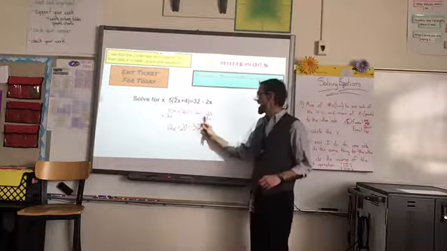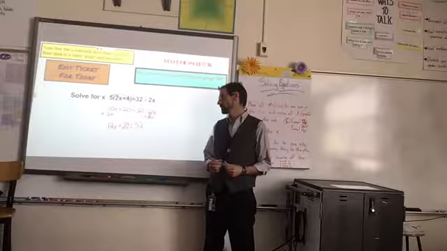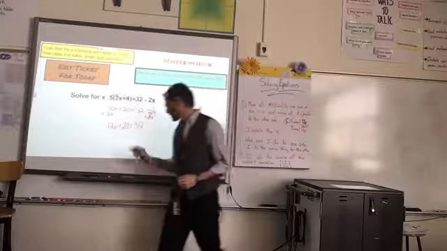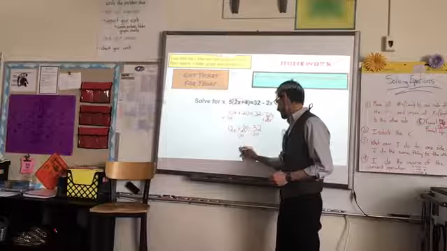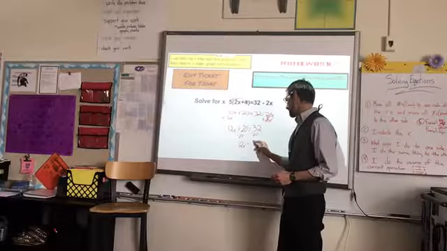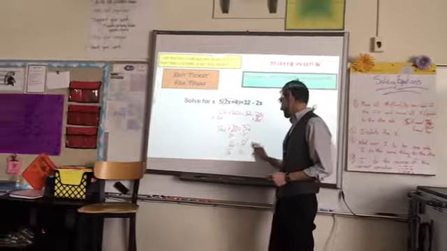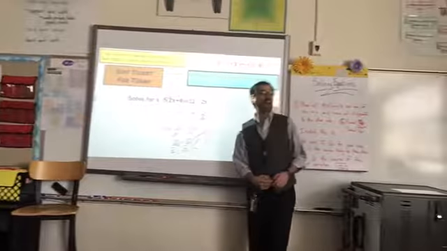And the reason why I added is because I have to do the inverse, right? So then, Chris, what do I do? You would do minus 20 on both sides, and then 32 minus 20 gets you 12. So I get 12x equals 12. Divide both sides by 12. X equals 1.